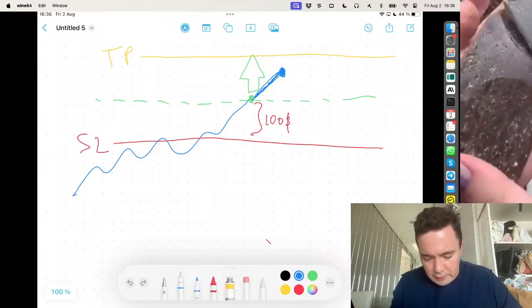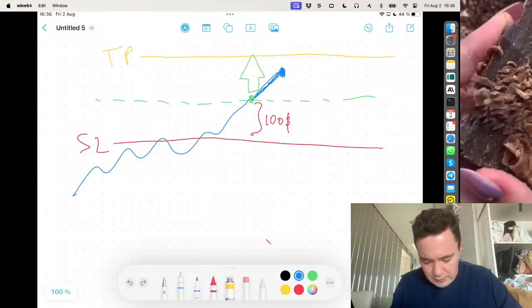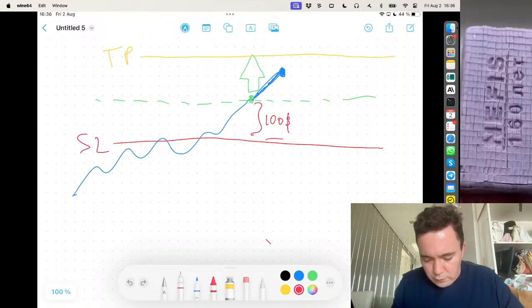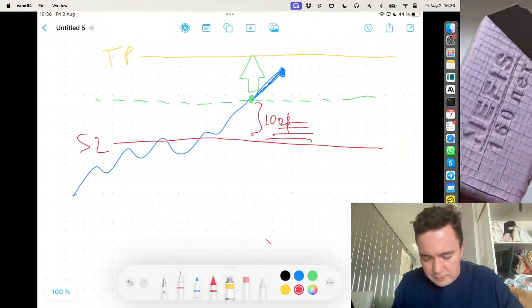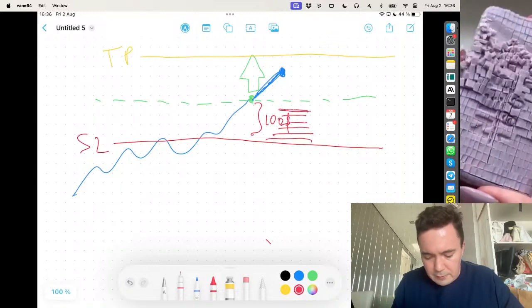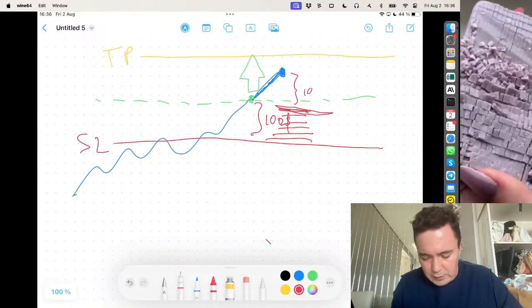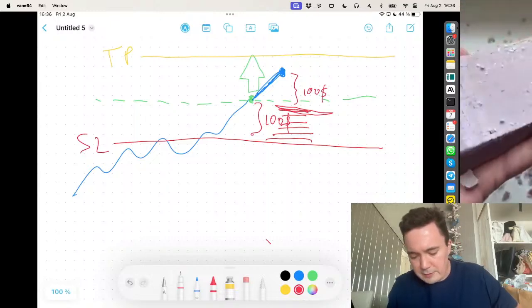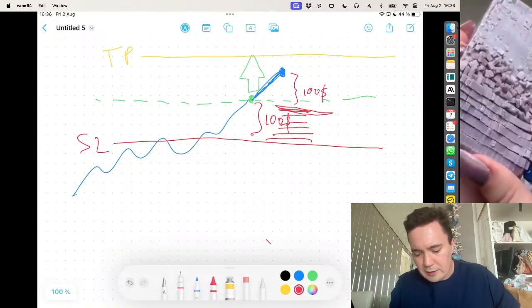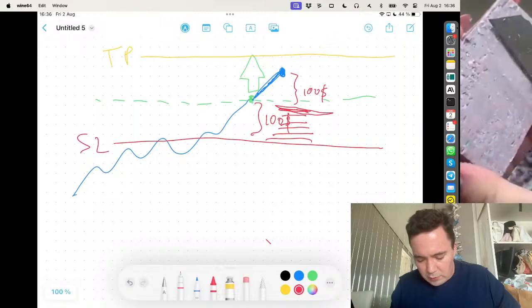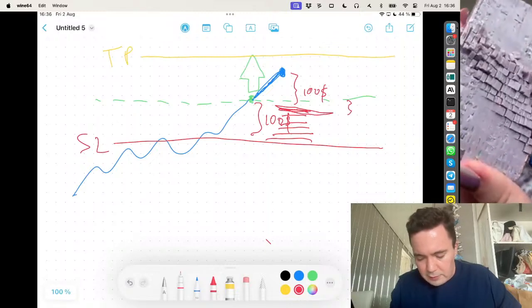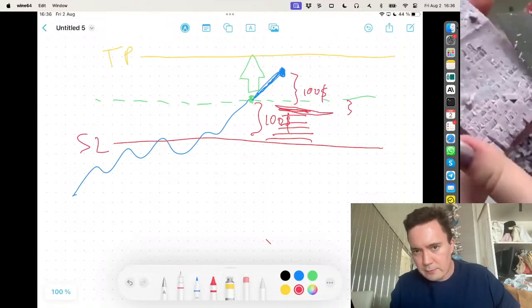So that, for example, if the price went here, we could also move the stop loss here so that it's still $100 from your current price, but in this case you will lose a smaller amount than the initial one, right?